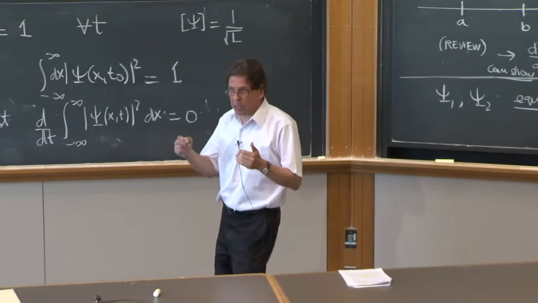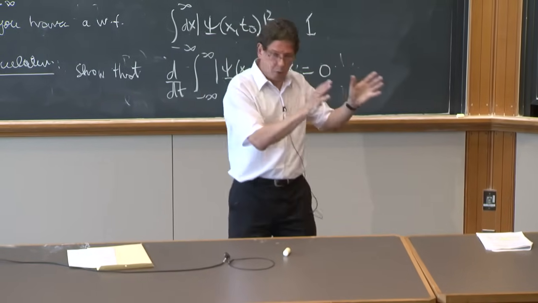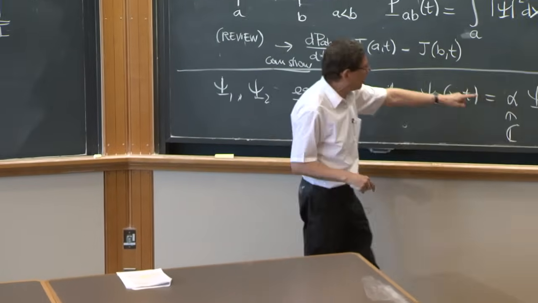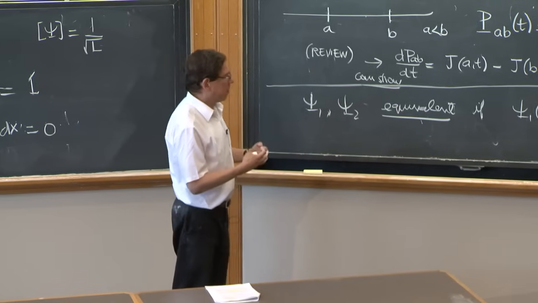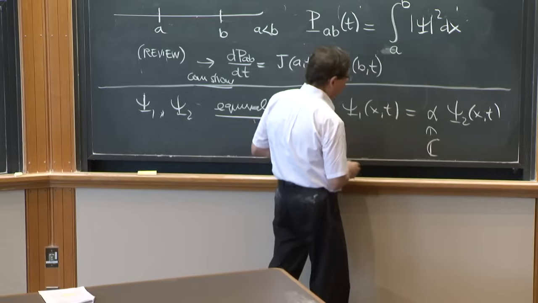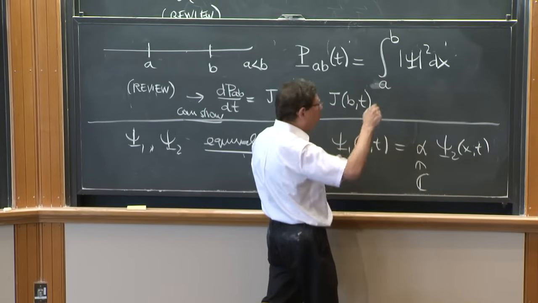And that puts a constraint on the way we define observables. Any observable should have this property, that whether we use this wave function or the other, they give you the same observables. So if your wave functions are normalized, this can be a complex constant of length 1.